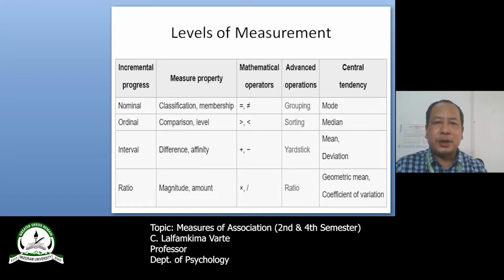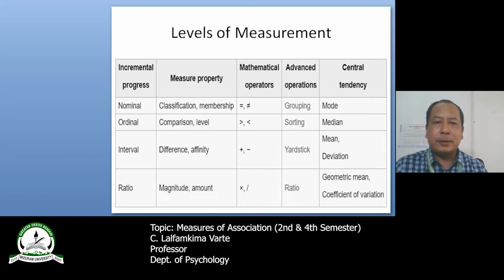The nominal level has measurement property for classification or membership only, which basically can be referred to as identification. The mathematical operation that is applicable is simply equal to or not equal to, and the individual cases may be grouped together. So the only possible central tendency is the mode.